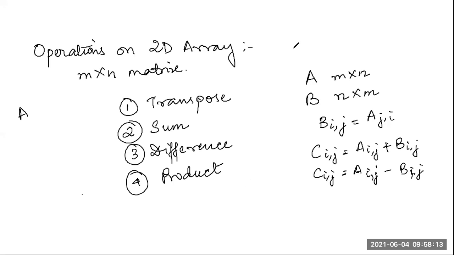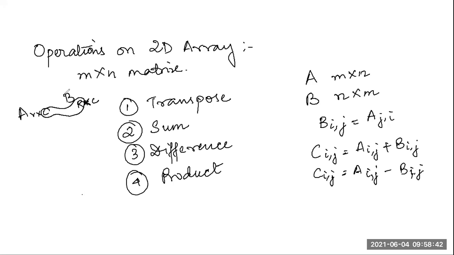Suppose I have a matrix 1 which is row into column, and another matrix B which is row into column. The number of columns in the first matrix must be equal to the number of rows in the second matrix.